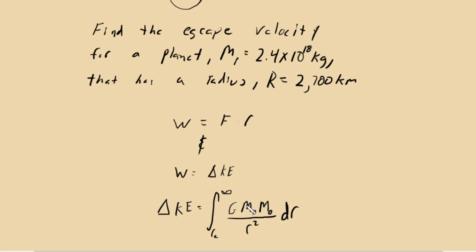And then we're integrating over that force. We know our force, from Newton's law of gravitation, is equal to big G, mass of the planet, mass of the object that we're shooting off, divided by the radius squared. And so we're going to be taking the integral over this radius.